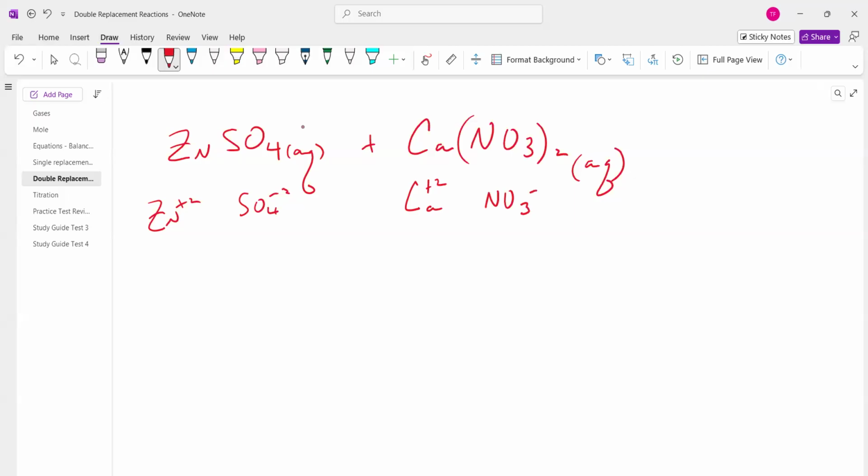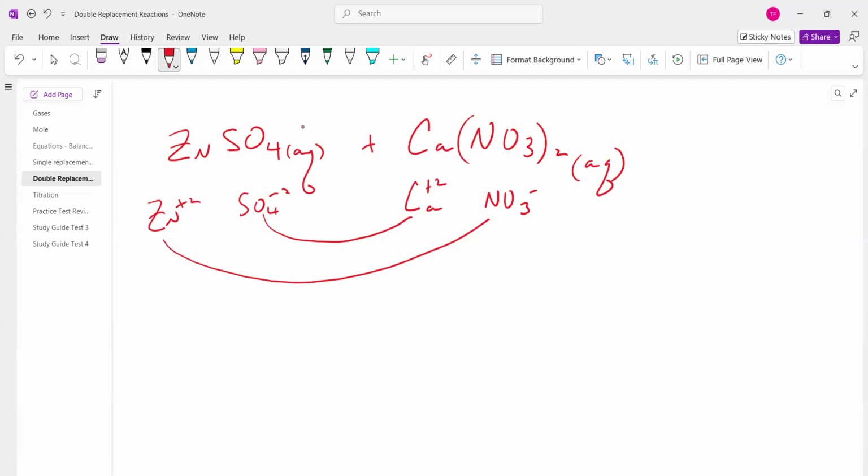We dump those two beakers together. What happens? Well, we have a new combination available. The zinc and the nitrate can now hook up, and the calcium and sulfate can hook up. Either one of those could form a solid.